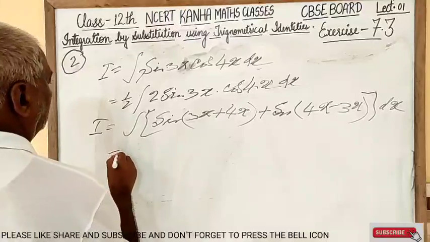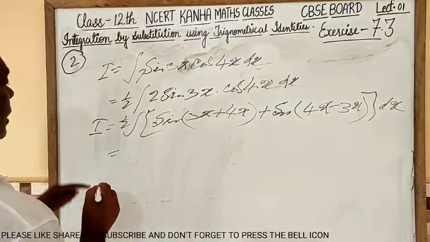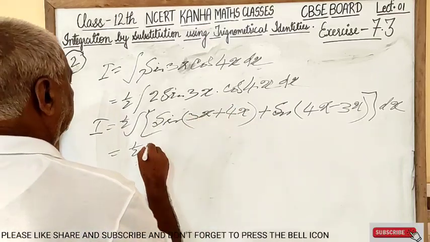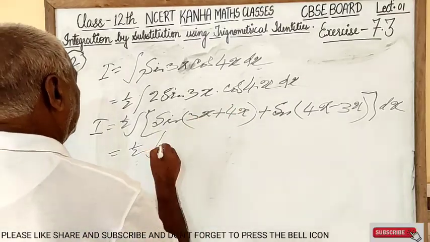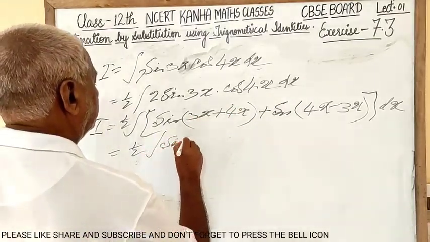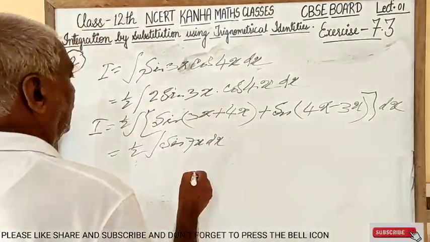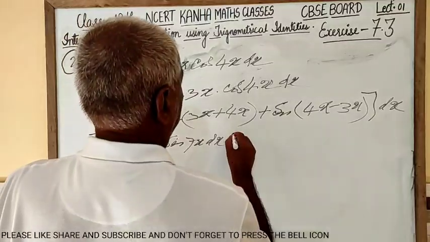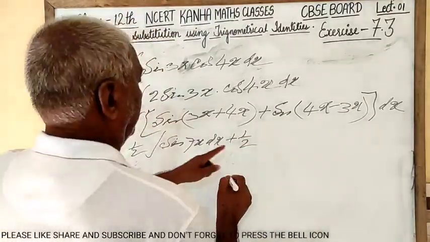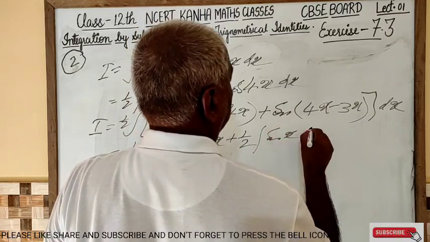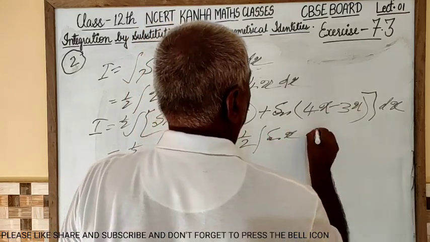Now we find the integral of sin 7x dx, and this further will be 1 by 2 times the integral of sin 7x plus sin x dx.